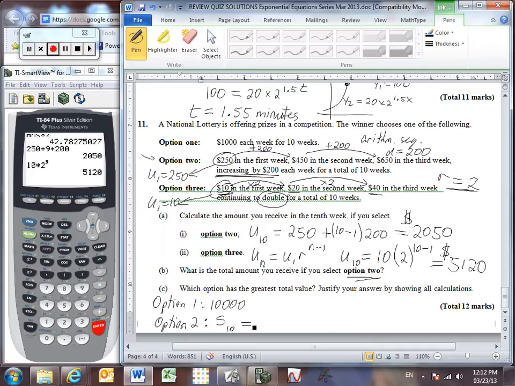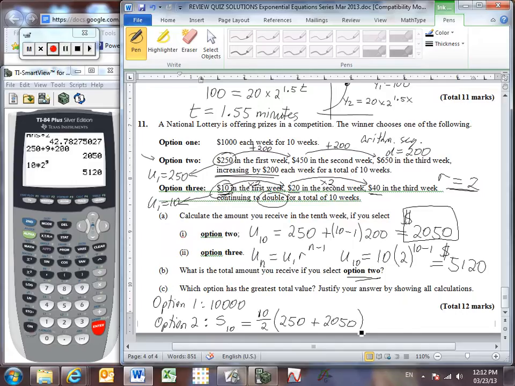This time we do know our 10th and final term in the 10 weeks. So why don't we use the formula that was n over 2, in our case 10 over 2, times our first expression plus the last expression, u1 plus un. So we've got our first amount, 250, plus our last amount, 2,050.